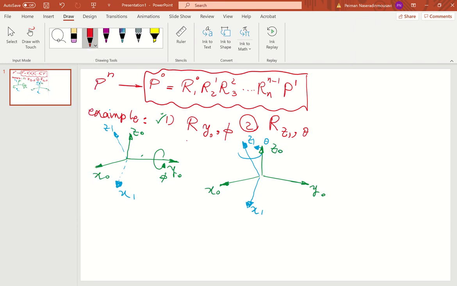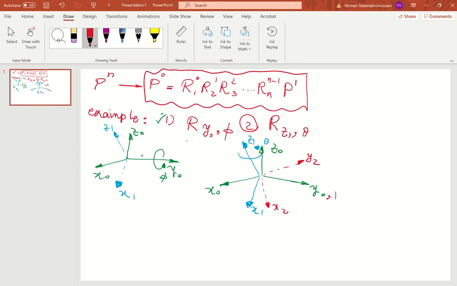After rotating around the z1 axis, you're going to have x2 and y2. That's right. So I want to know after 2 rotations what I have.